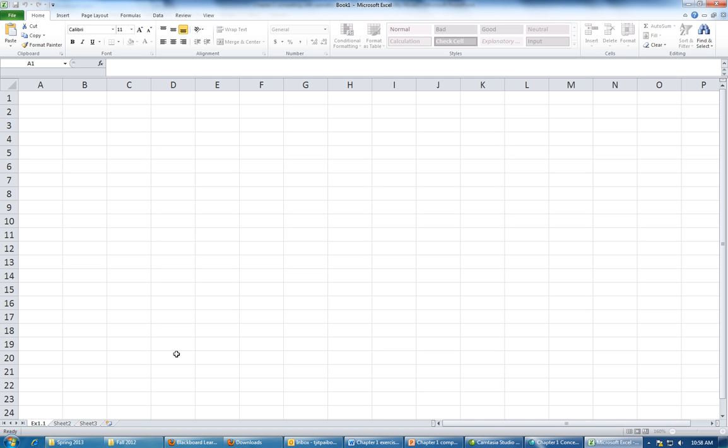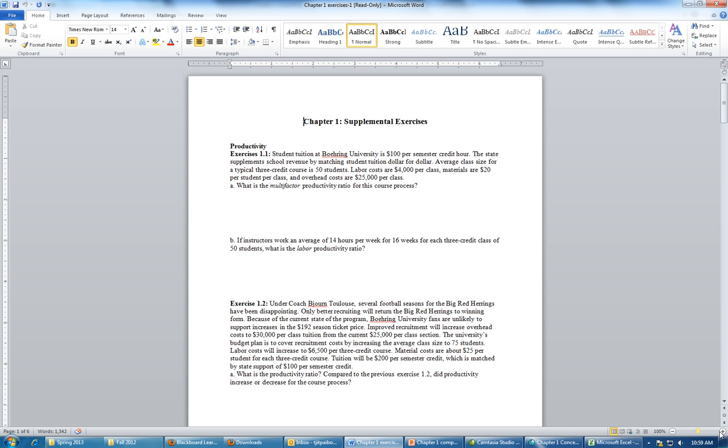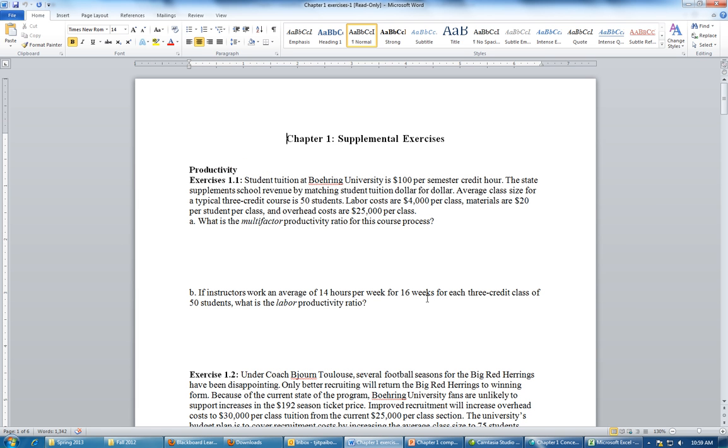In this example 1.1, the organization is a university, and this university has an output, which is a classroom, and this classroom has 50 students.